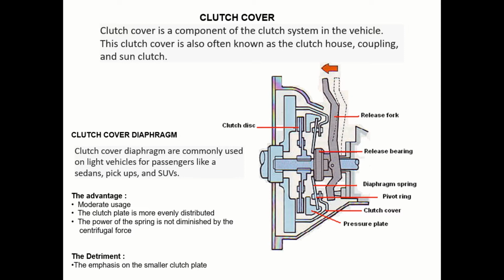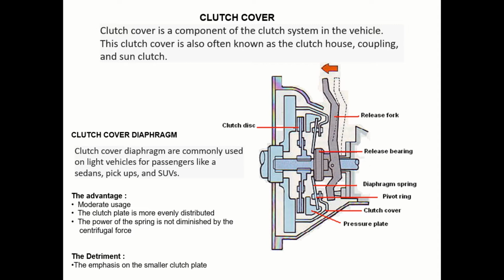The clutch cover has two models, and the first model is the diaphragm clutch cover. Diaphragm clutch covers are commonly used on light passenger vehicles like sedans, pickups, and SUVs. The diaphragm clutch cover uses a diaphragm-shaped spring that is mounted in a circle in the middle of the clutch cover body.